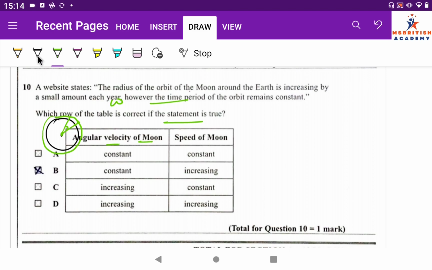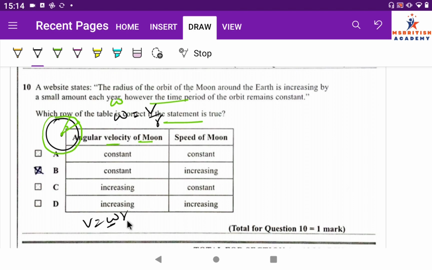the angular speed formula is omega equal to v by r, so v equals omega times r.